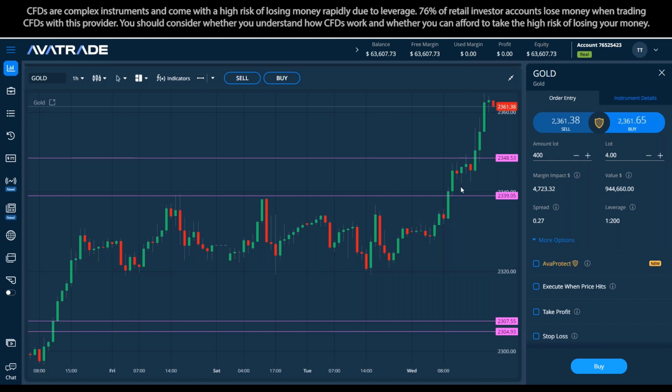Once this broke above, you could have had a pending order right up here. Knowing there's big news coming, knowing that non-farm payroll is this Friday as well. Okay, pending order above the resistance to buy. If it breaks through the resistance, it would have triggered here on this candle. Okay, and then you'd have been off and running with the profit.